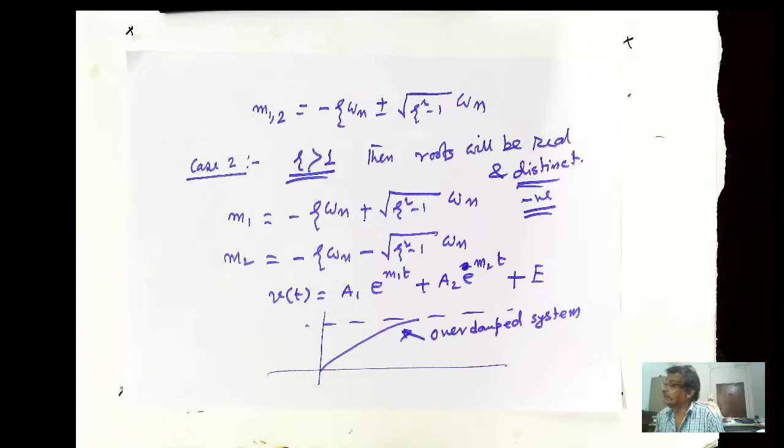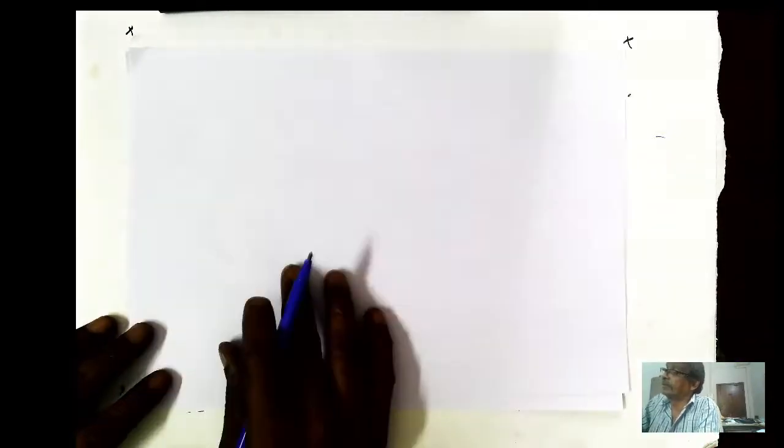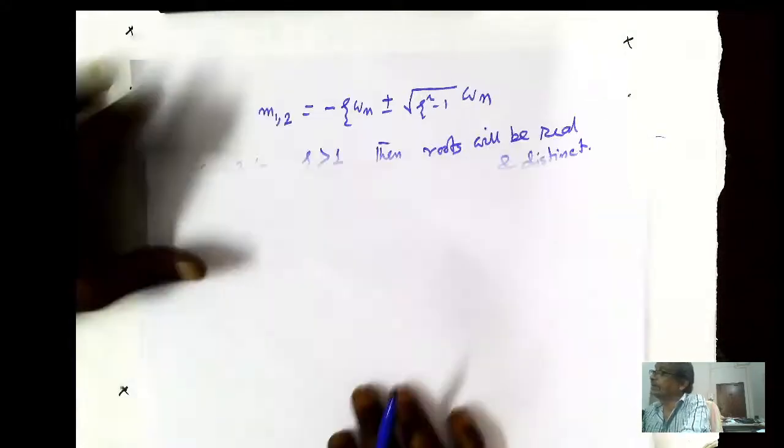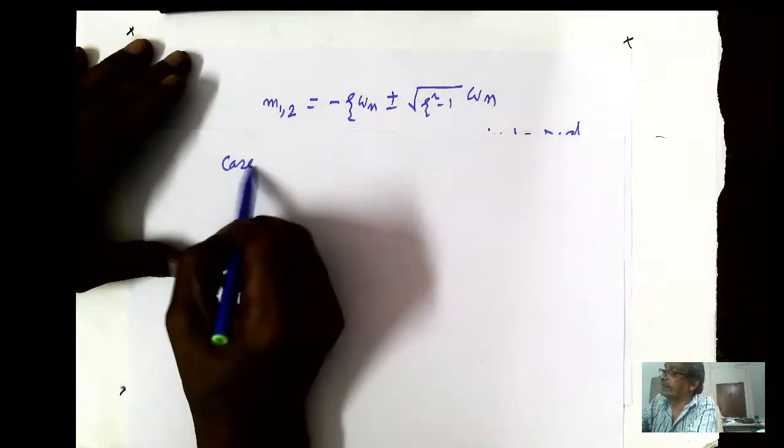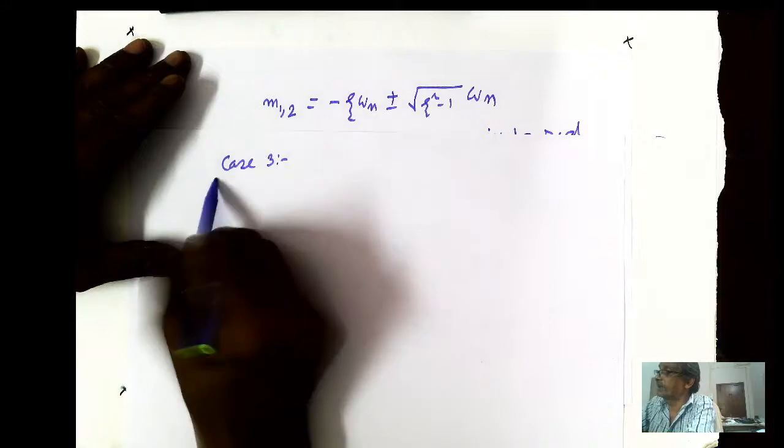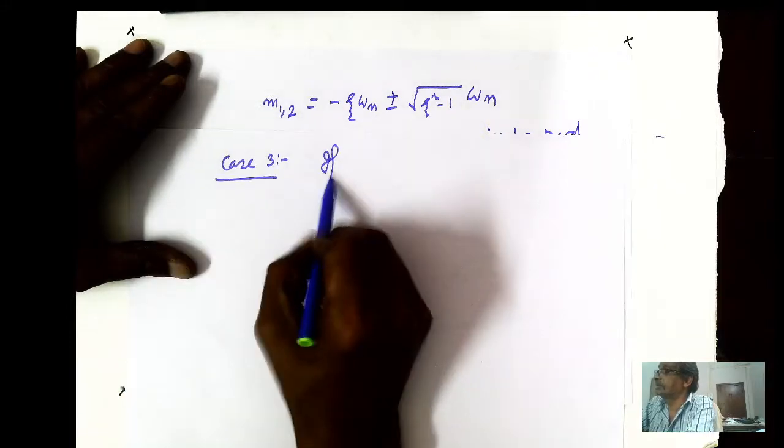Similarly, there may be a third situation. Look at the expression of the root. Case 3: what happens if zeta is equal to 1?